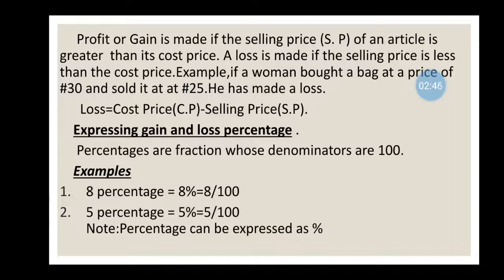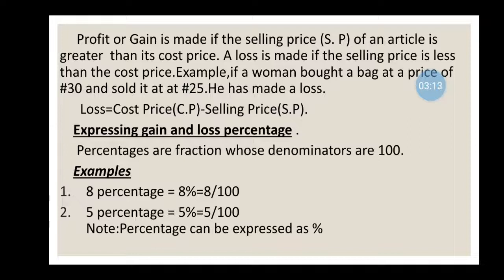Profit is made if the selling price (SP) of an article is greater than its cost price. Simple. If the selling price of an article is greater than its cost price, you have made a gain or you have made a profit. For example, you have a notebook that you bought for 20 naira and you want to sell it.